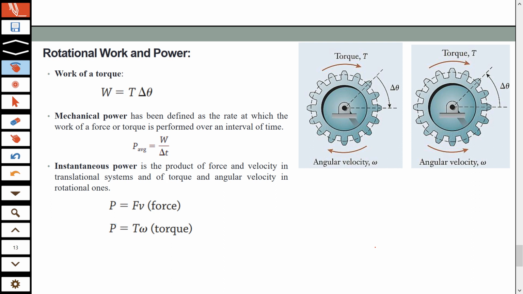We have this formula. We already discussed this. Torque times angular velocity if you have rotation, and in linear motion you have force times linear velocity.